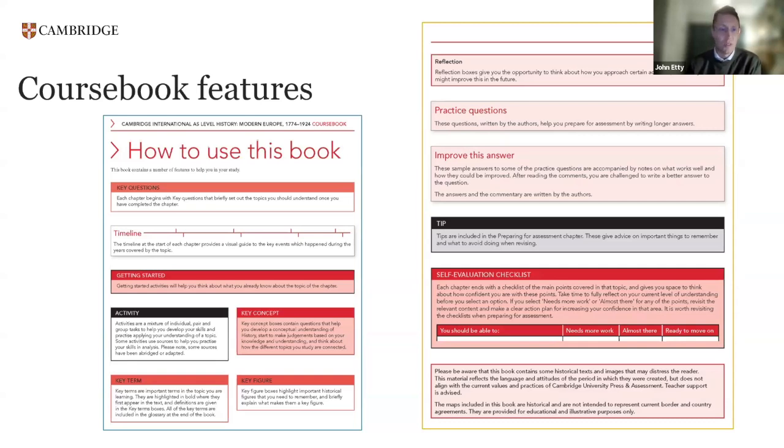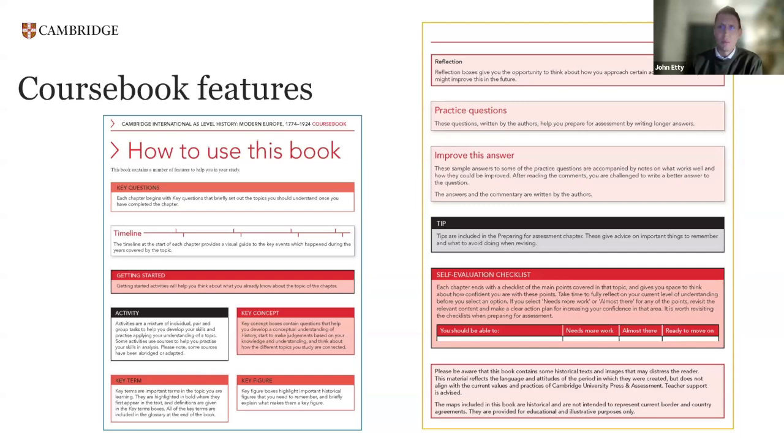The textbook also features those key concepts, and the key concepts really are the ones that help students to develop a deeper understanding, a conceptual understanding of the content in the syllabus. The key concepts help students to make direct links between the content that they're learning about in the current area of study and perhaps those bigger, broader ideas that perhaps stretch across different periods and places.